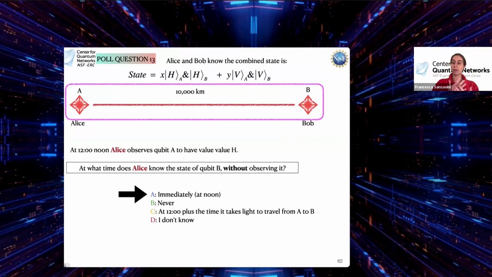It's exactly what we saw before with the switches when we had 0, 0 plus 1, 1. If we only have the possibilities of measuring HH or VV, then when Alice measures H, she knows that Bob also has H. So she knows the state that Bob has because we do not have these cross terms in this case.